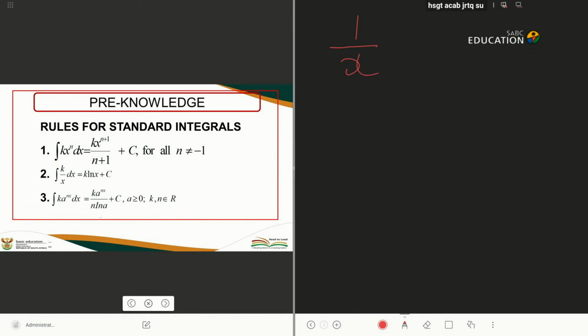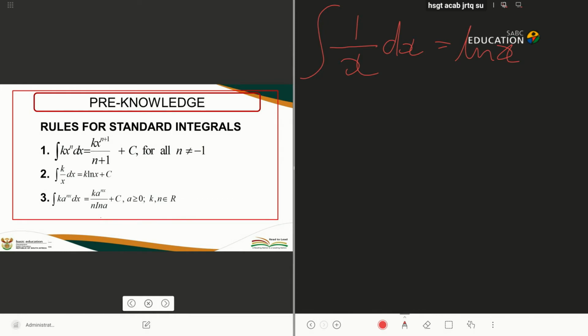If it can be converted in terms of 1 over x, you must always remember that the integral of 1 over x dx is equal to ln x.